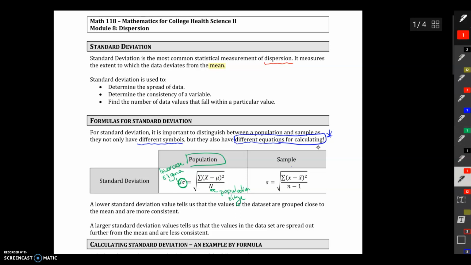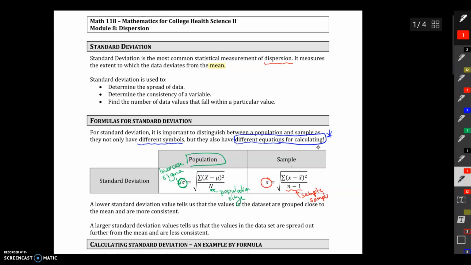When we're dealing with a sample, we're calculating a statistic, and the symbol S is used for standard deviation, and the denominator is equal to n minus 1. It's the sample size less 1.